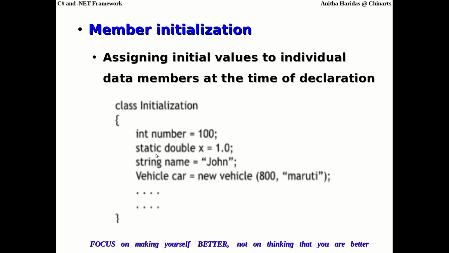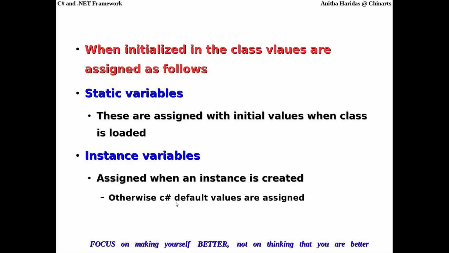And if you have not said static double x is equal to 1.0, but instead you have said static double x semicolon, that means you have not initialized it. If so, the default value will be 0.0 for x. So that is what is said here.